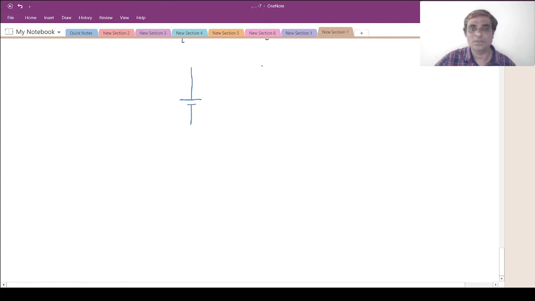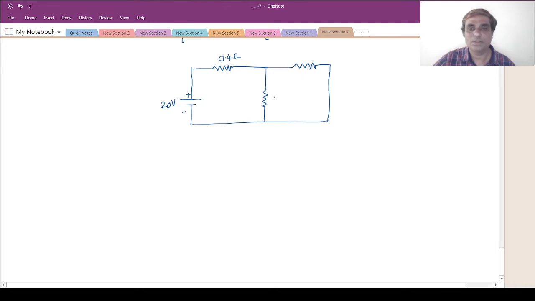There is a resistor here, one more resistor here, and one more resistor here. This is the battery of, let's say, 20 volt. Suppose this resistor is 0.4 ohm, this resistor is 2 ohm, and this resistor is 8 ohm. And you are asked to find all the currents and voltages, and also do the power balance.